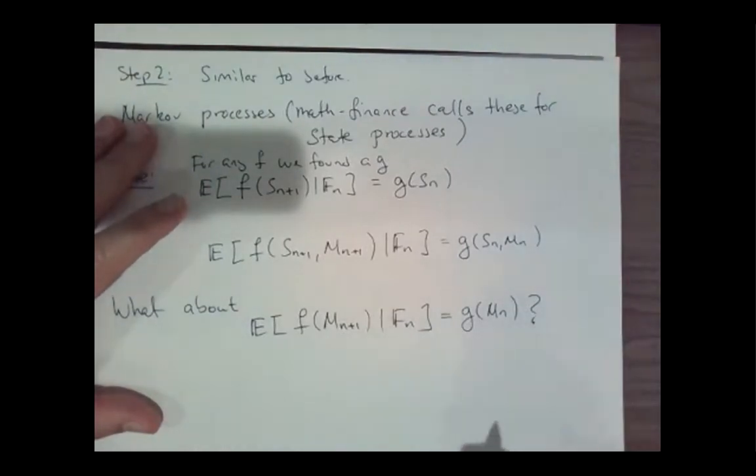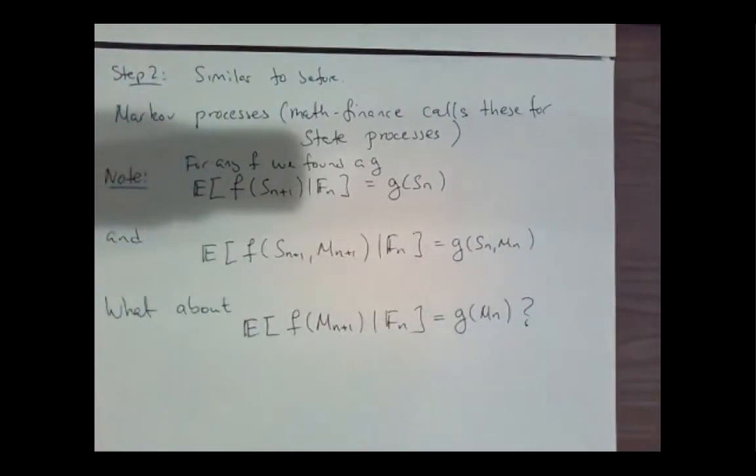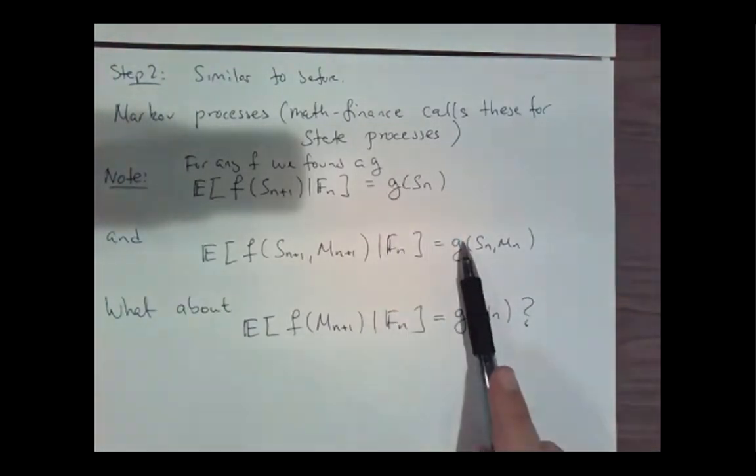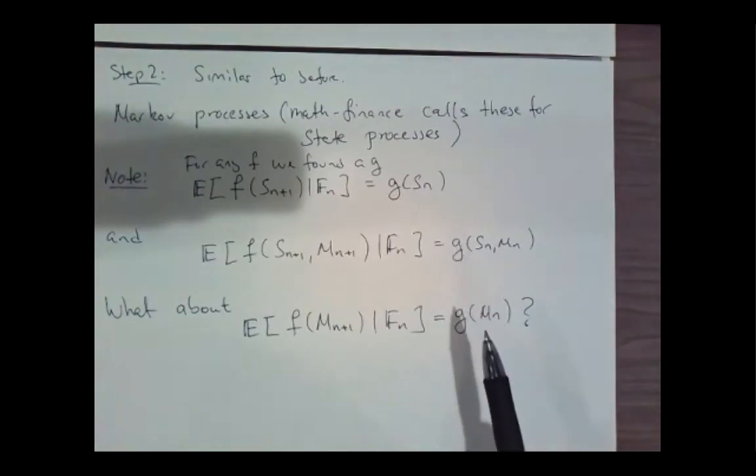But before we find the solution, I always like to have the intuition first. It makes it a lot easier if we can somehow build up this intuition. So do we think something like this is true, or do we think something like this is not true? We checked this one, that's true. We checked this one, that's true. What about this one?